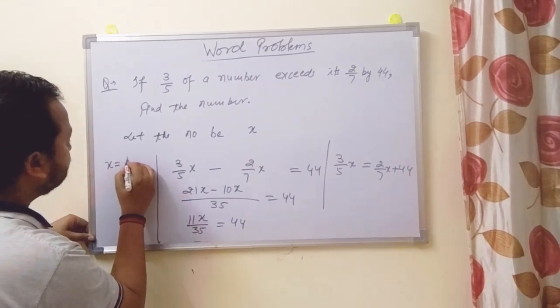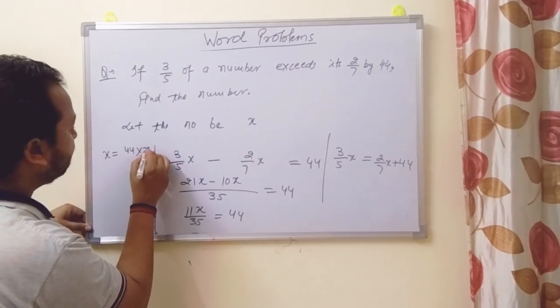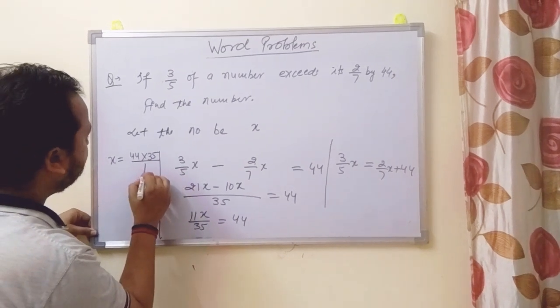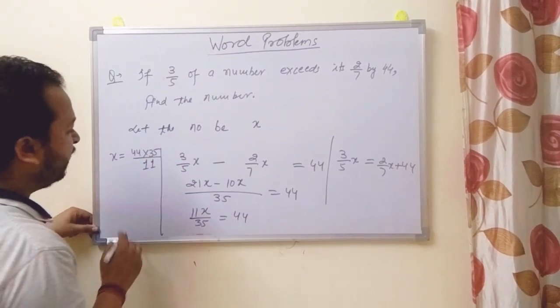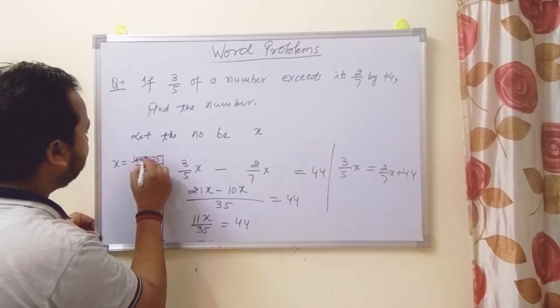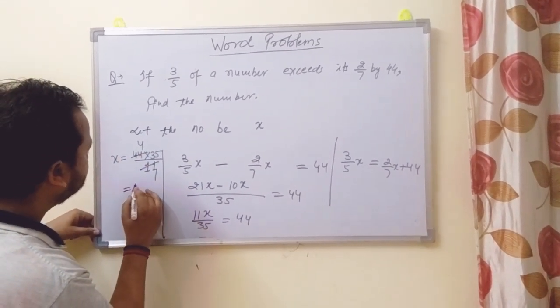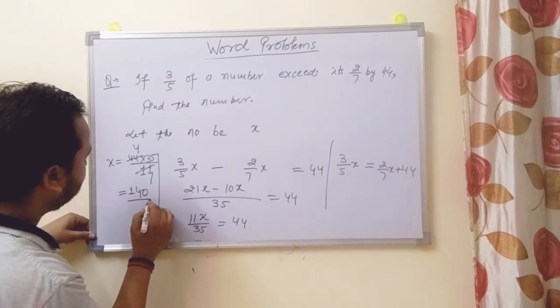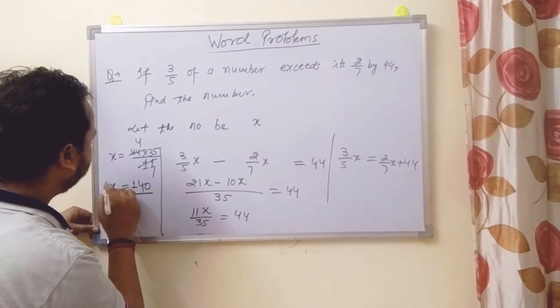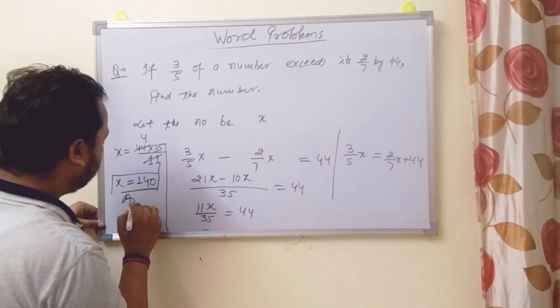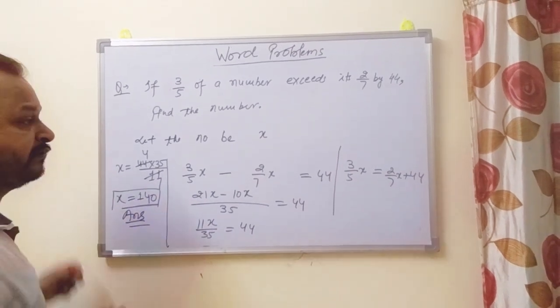So x equals 44 multiplied by 35 divided by 11. 11 ones are 11, 11 fours are 44, 35 fours are 140, right? So 140 is the answer, the value of the number.